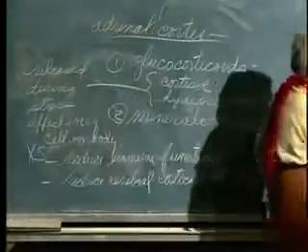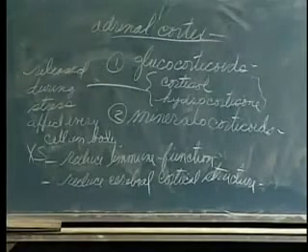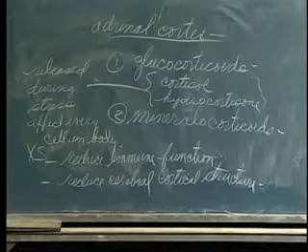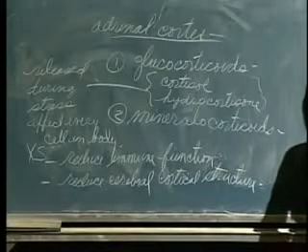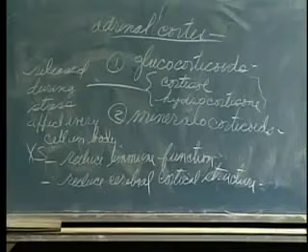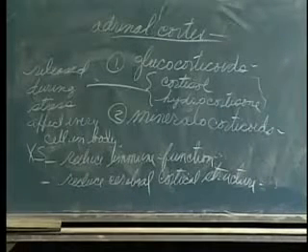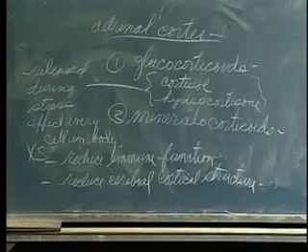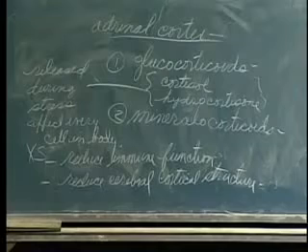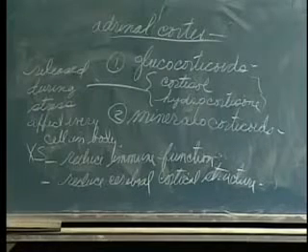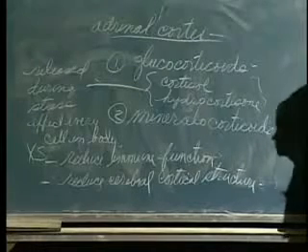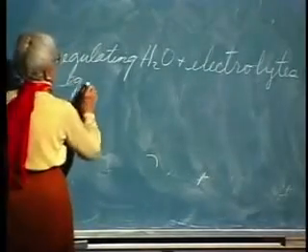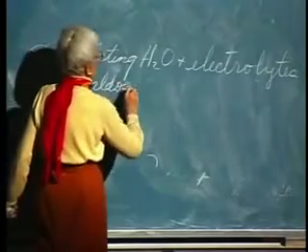Mineralocorticoids, what are they? Mineralocorticoids will be adjusting, regulating water and electrolytes. So number two is regulating water and electrolytes. So what's the example of a mineralocorticoid that we've given you already? Aldosterone. Good for you. Example, aldosterone.